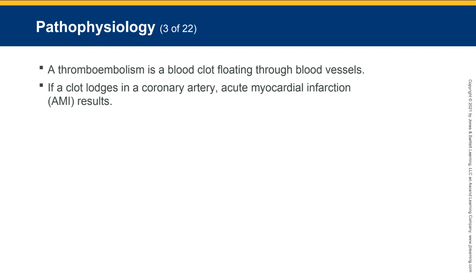If a clot lodges in a coronary artery, the patient is going to get an acute myocardial infarction. When a patient has a heart attack, you must anticipate three things occurring. These are things that will commonly occur. Within 2 hours of an MI, the patient can go into cardiac arrest or sudden death.